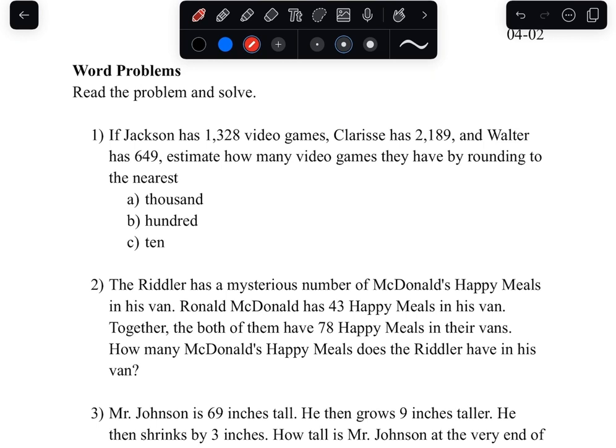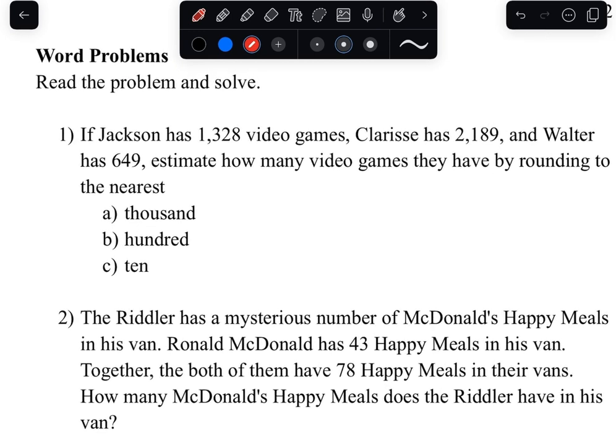Number 1. If Jackson had 1,328 video games, Clarice has 2,189, and Walter has 649. Estimate how many video games they have by rounding to the nearest thousand, hundreds, and tens.